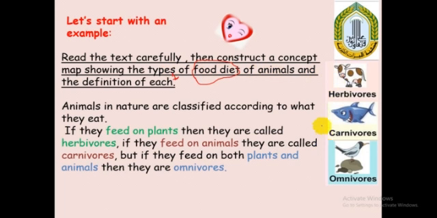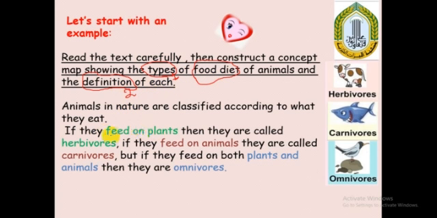So we have to put 3 frames underneath the main frame, and then we have to go to the other key, which is the definition. Excellent. So we have the first key, the second key, and here we have the main title that we put in the main frame. Now for the definition, we have to look at the text and find out the definition of each one.